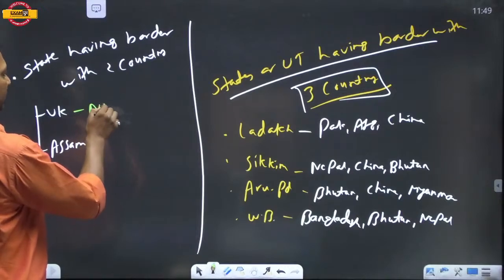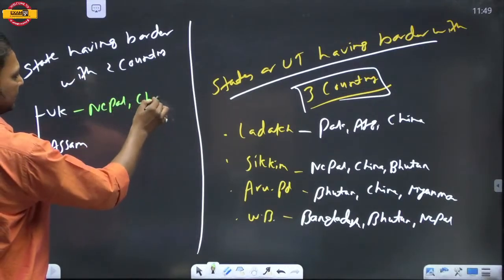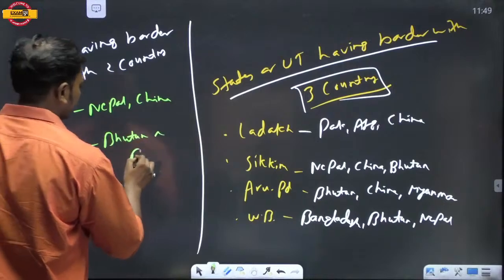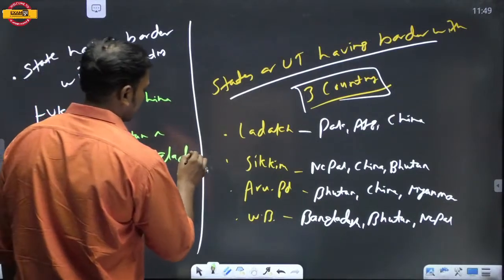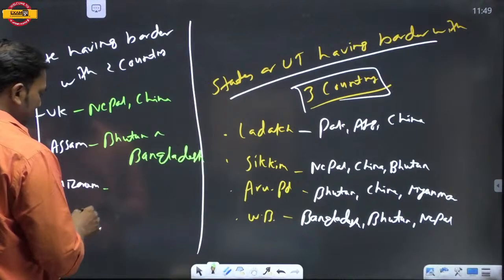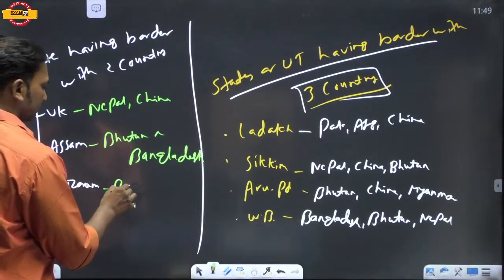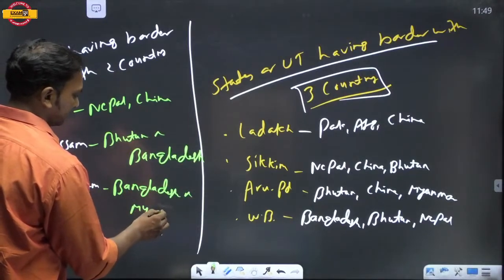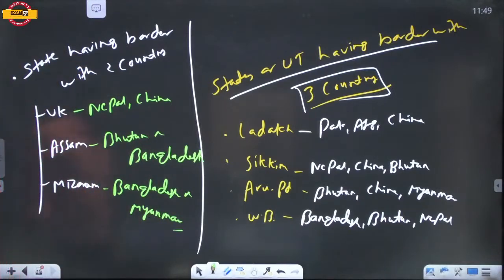Uttarakhand has a border with Nepal and China, Assam with Bhutan and Bangladesh, and Mizoram with Bangladesh and Myanmar.